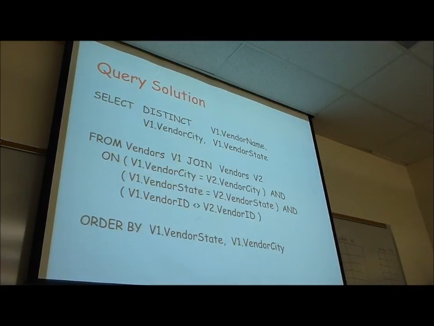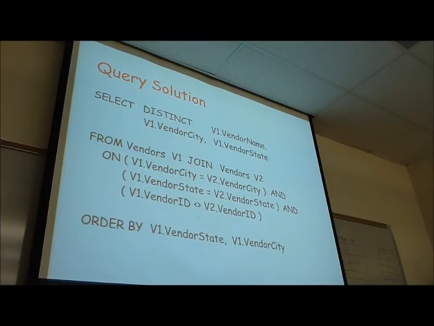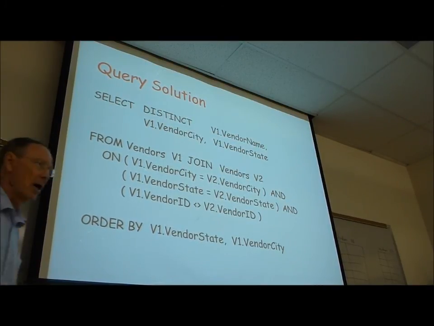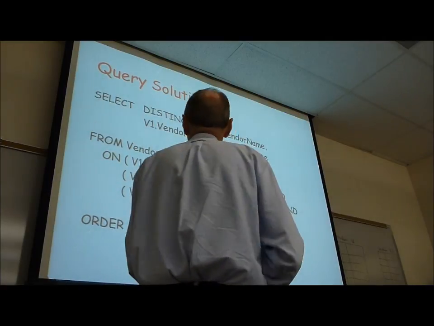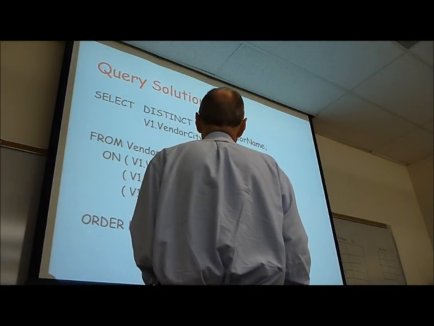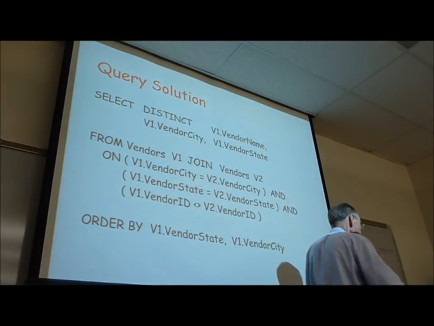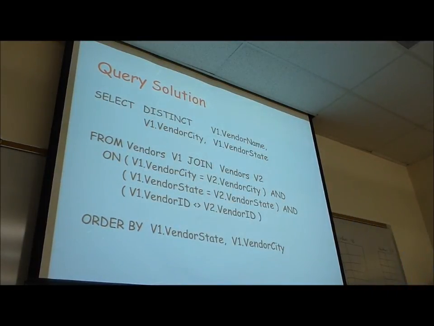And now, here's what that would look like. Let's see if we can follow along with just the discussion we have. All right, I got to have vendor name. Okay, that's all I want to see. I just want to see a list. The vendors, remember the vendors were in the name and city and the state.